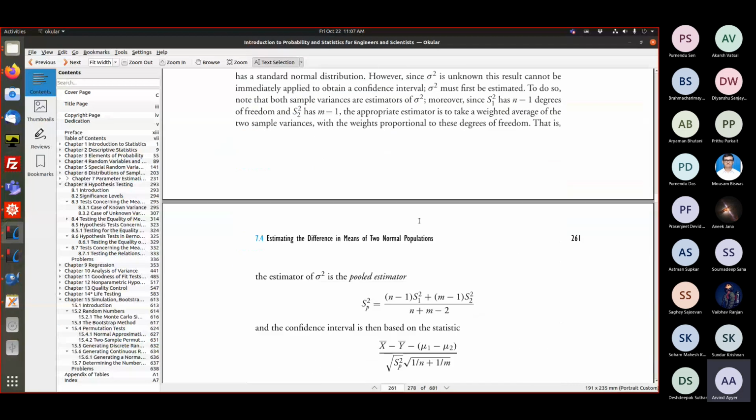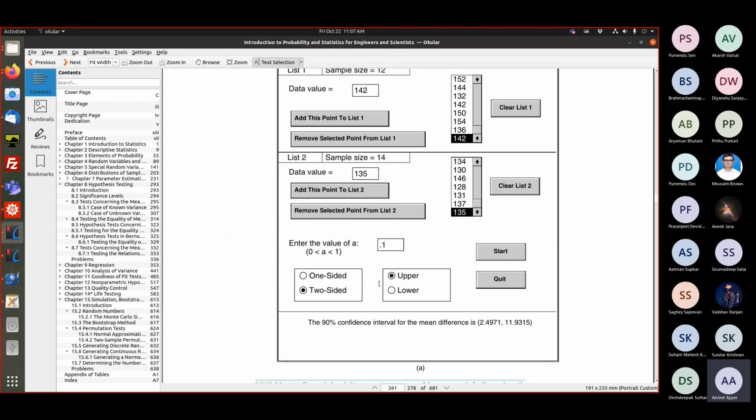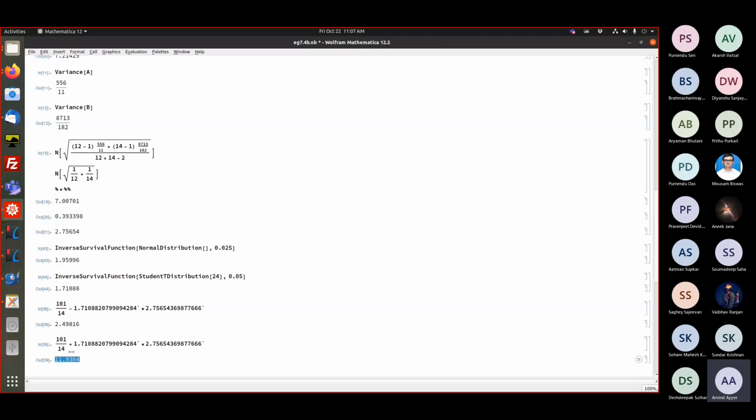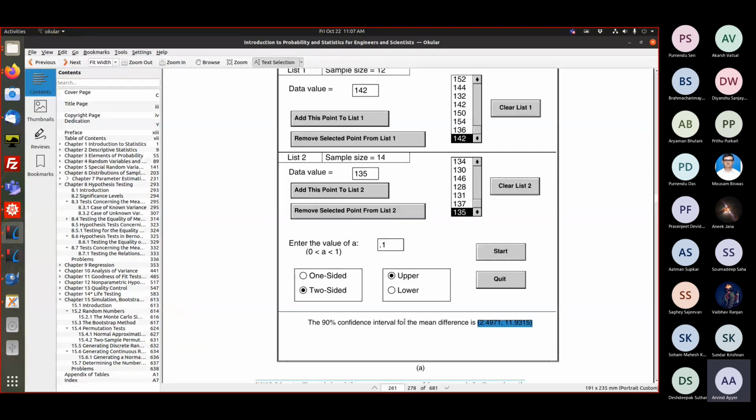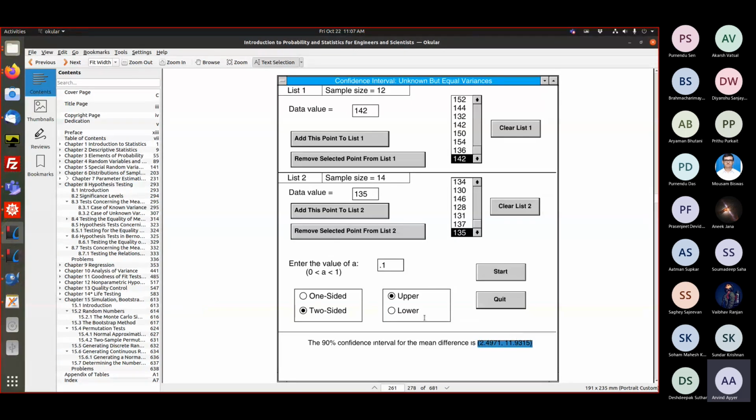Let's check. From the program that this book provides, which I don't have and I don't care to have, I get this interval, which matches very well with what I got. I would say that this is a better number than that because this is a much older program, and so likely to be less accurate.